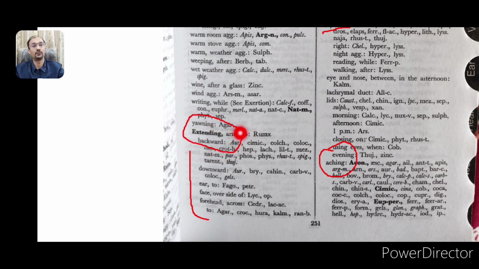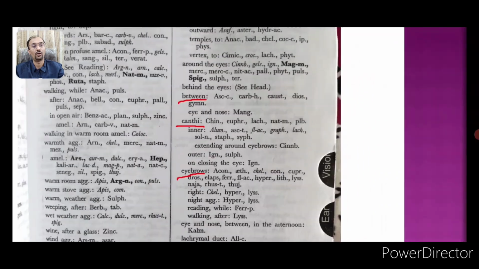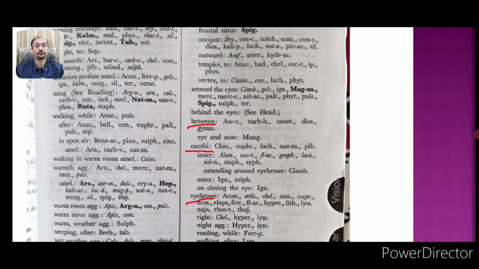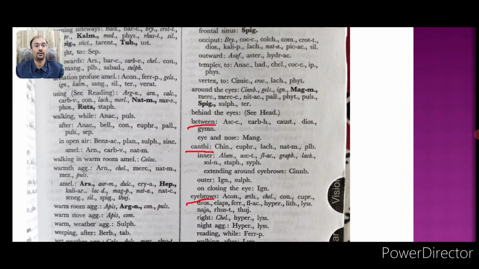Now to make a differentiation from the other rubrics, he has written the extension in Roman bold letters, with all the list of extension between canthi, eyebrows and all.